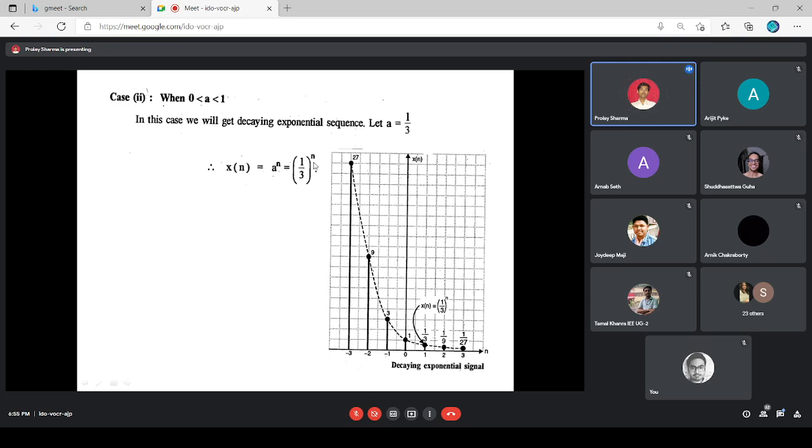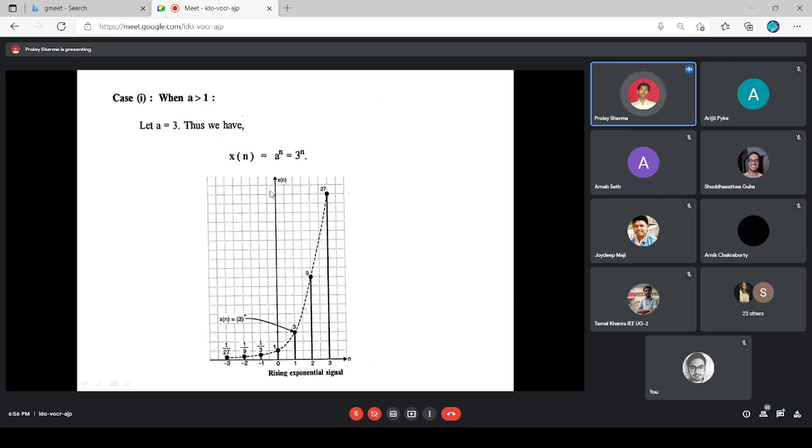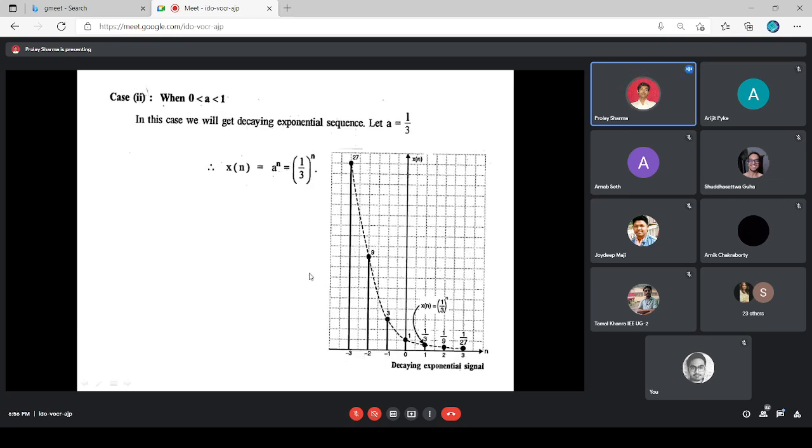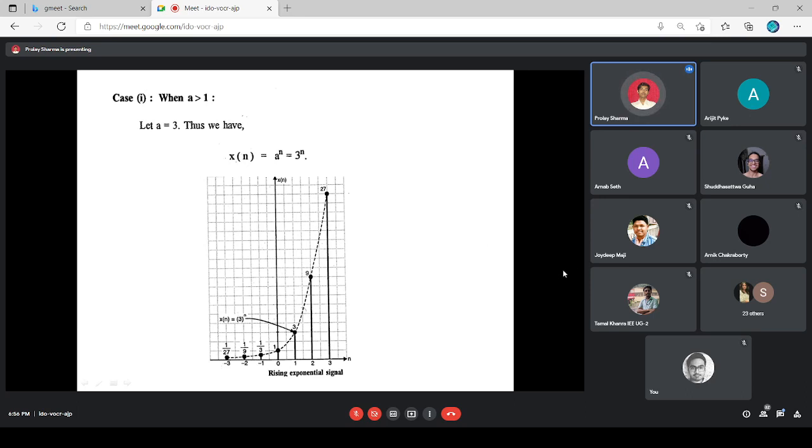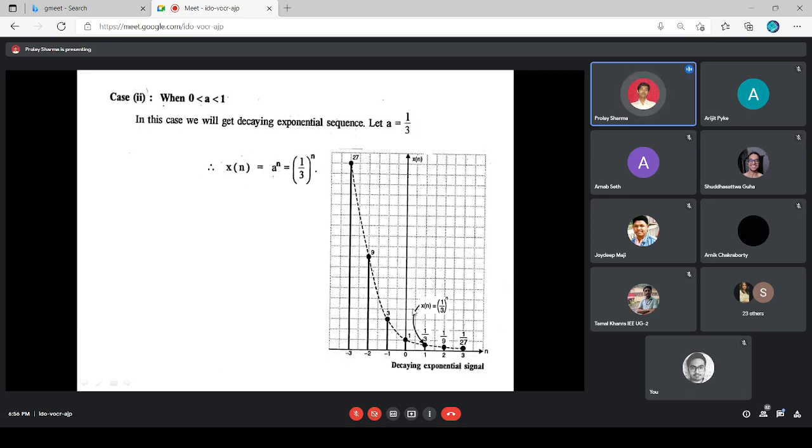Now for negative values of n, we will see the amplitude will increase. So the signal looks like this when a is greater than 0 but less than 1. First case, when a is greater than 1, the signal is exponentially increasing towards the positive axis of time, and exponentially decreasing towards the negative axis of time indices.